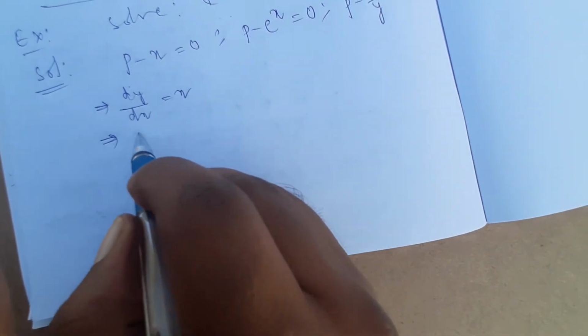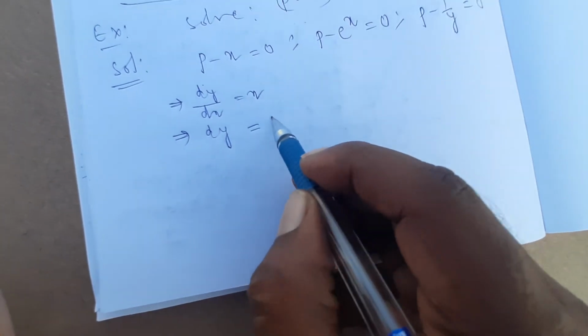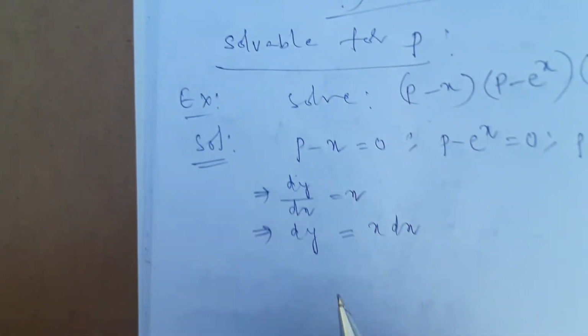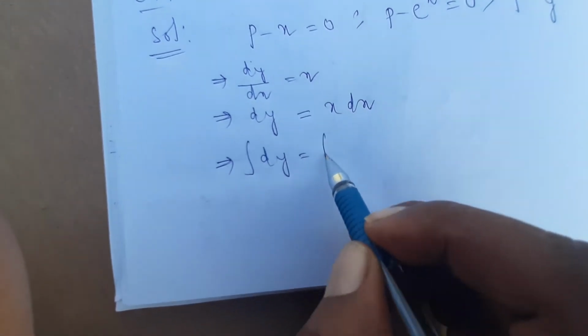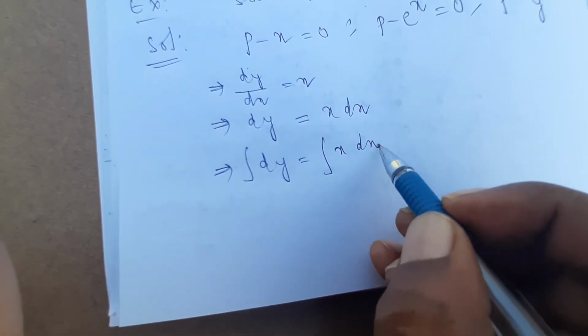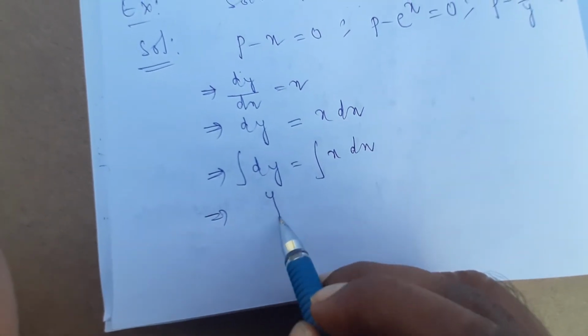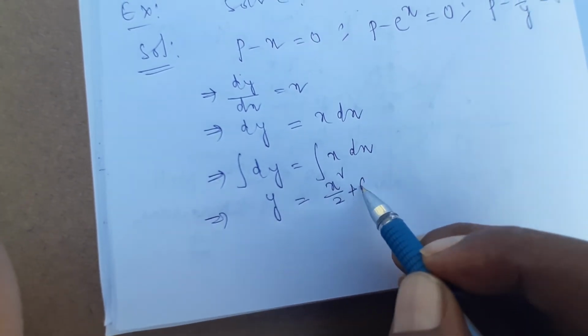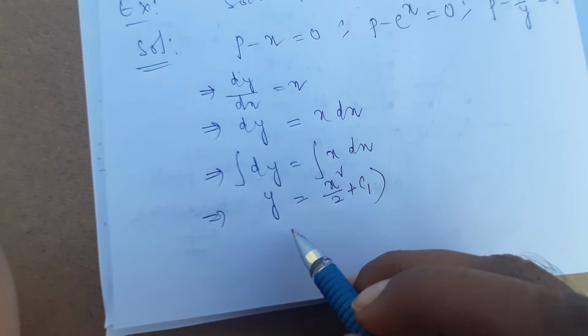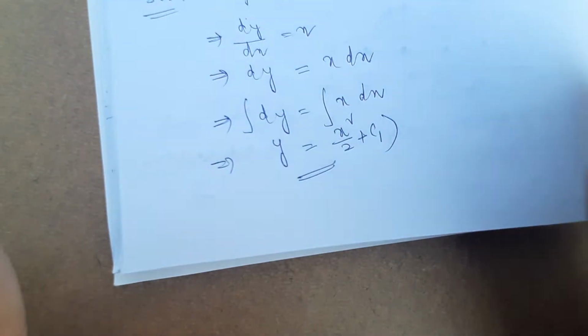Then if you simplify, dy is equal to x dx. By integrating, integral dy is equal to integral x dx. If I simplify this, y is equal to x square by 2 plus c1; let it be the first equation.